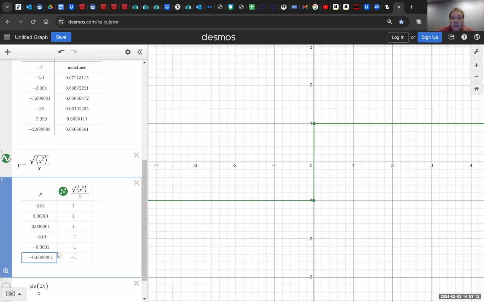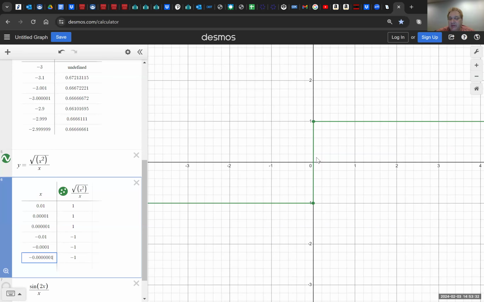I know what the y value is: -1 every single time. So when I look at x values that are very close to 0 but larger than 0, I have a y value of 1. And when I have x values that are close to 0 but smaller, to the left of x equals 0, I get -1. And you can see this on the picture too.